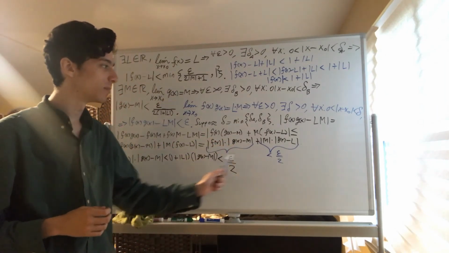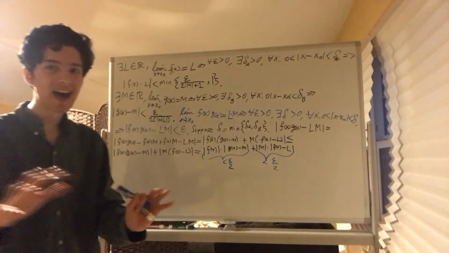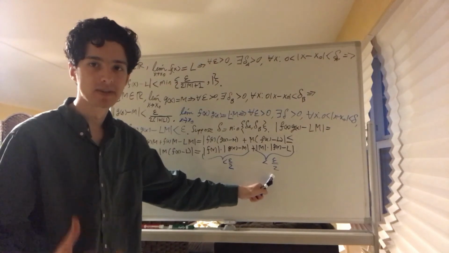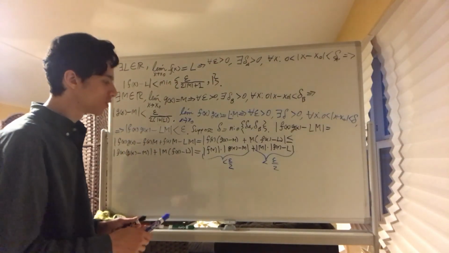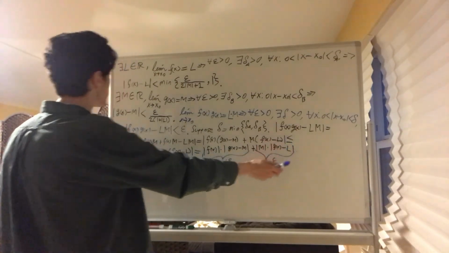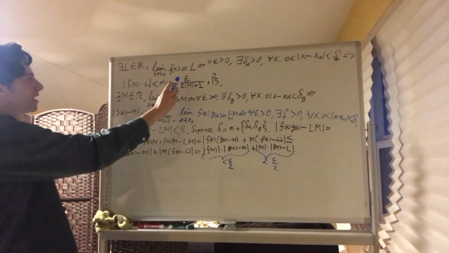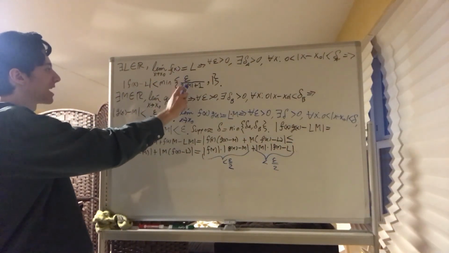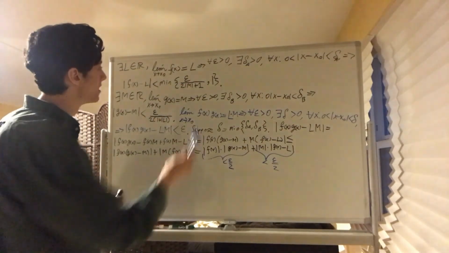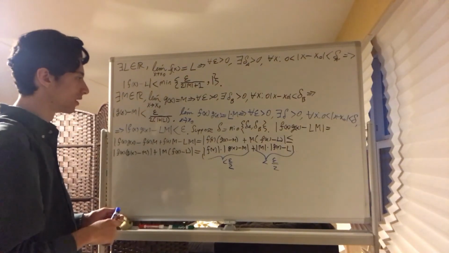Now let's do the same for the second term. Now we want to show that this right term over here is less than epsilon over 2. So we know that we want our f of x minus L. Well, we're assuming that it's always less than epsilon divided by 2 times the absolute value of m plus 1, whenever that itself is less than or equal to 1.